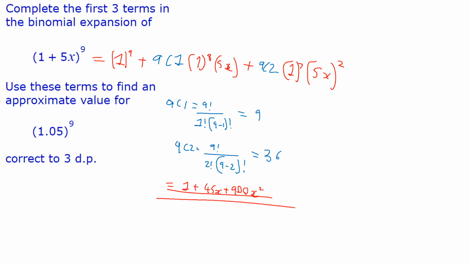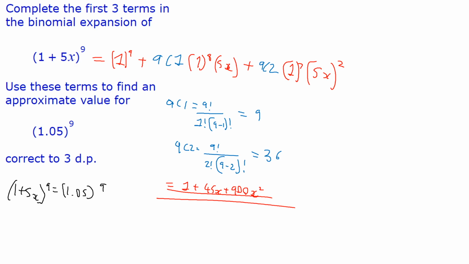In this lesson, we're going to talk about this part. Using these terms, find an approximate value for 1.05 to the power of 9, correct to 3 decimal places. First and foremost, we say that (1 + 5x)^9 is equal to 1.05^9, and now we solve for x.